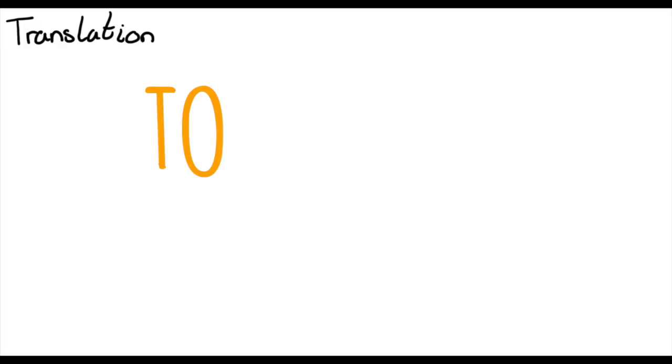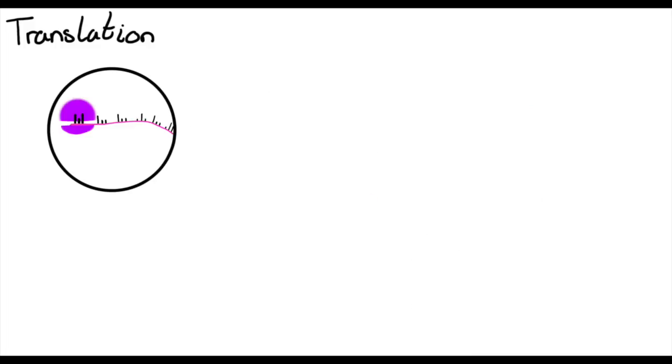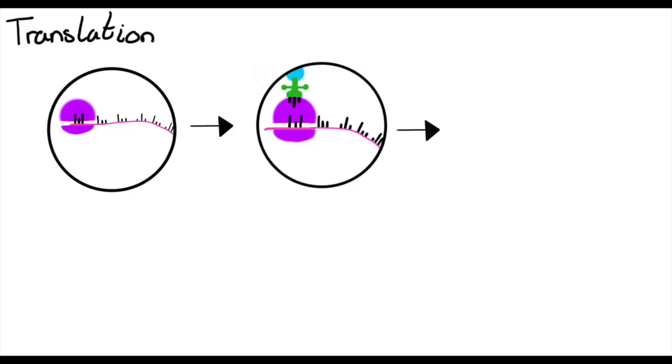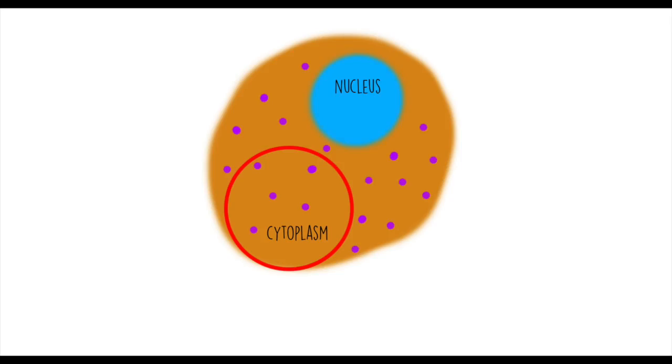Translation can be remembered as making something legible or simplifying information. This process turns the mRNA strand into the amino acid chains, which will become proteins. Translation involves 6 different steps: connection, decoding, releasing, sliding, repetition, and stop.